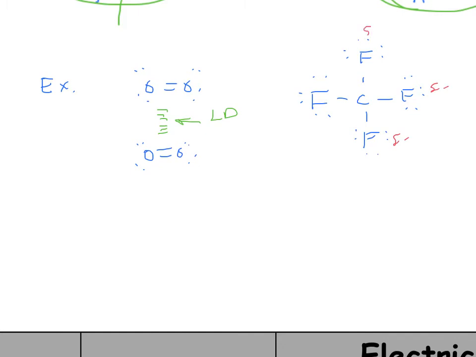Fluorine is more electronegative, so each F carries a partial negative charge, and the carbon is partially positive. But this molecule is symmetrical, so I can't draw a line separating a positive side and a negative side. So it's a nonpolar compound overall.